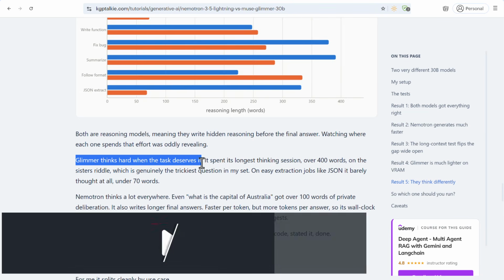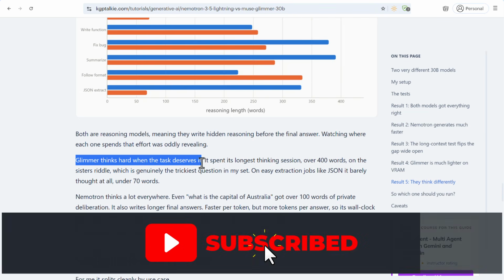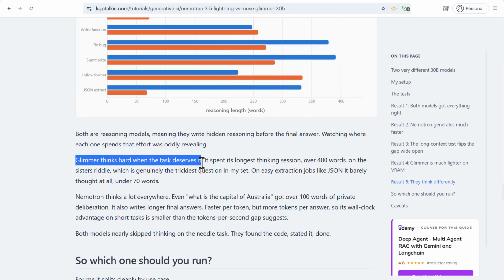That means for a difficult task, the Meta Muse Glimmer model is actually thinking hard when the problem is hard. Whereas you will notice NVIDIA Nemotron 3.5 Lightning model is thinking hard even when the problem is simple. So in all cases, NVIDIA model is putting a lot of effort in the thinking.